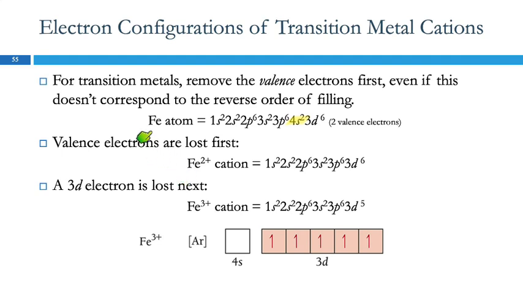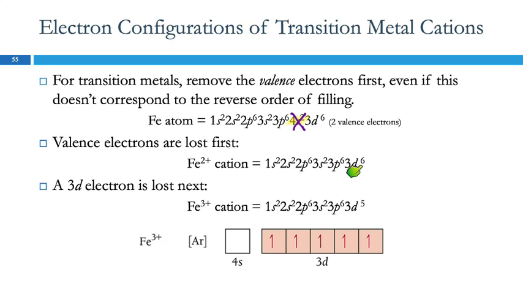So what we're going to do is take those valence electrons out for the Fe2+ cation. So we've got 1s2, 2s2, 2p6, 3s2, 3p6, 3d6. We just got rid of that one. If we want to make a positive 3 cation, then we need to lose 1 more electron. And now we've gotten rid of the original valence electrons.